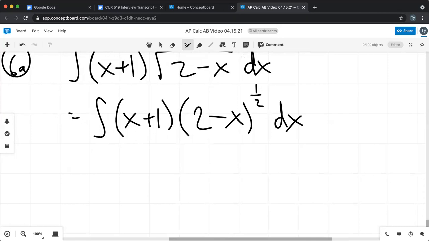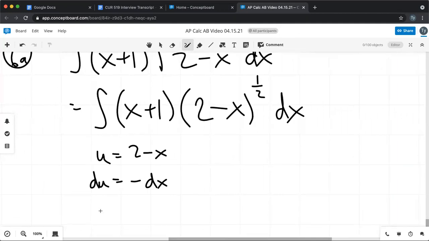So let's try U-substitution. Typically, we look at the more complicated expression, right? So maybe we make u the inside part here. Let's say u is 2 minus x. Then we get du to be, well, the derivative of 2 minus x is -1 times dx, which means dx is negative du.